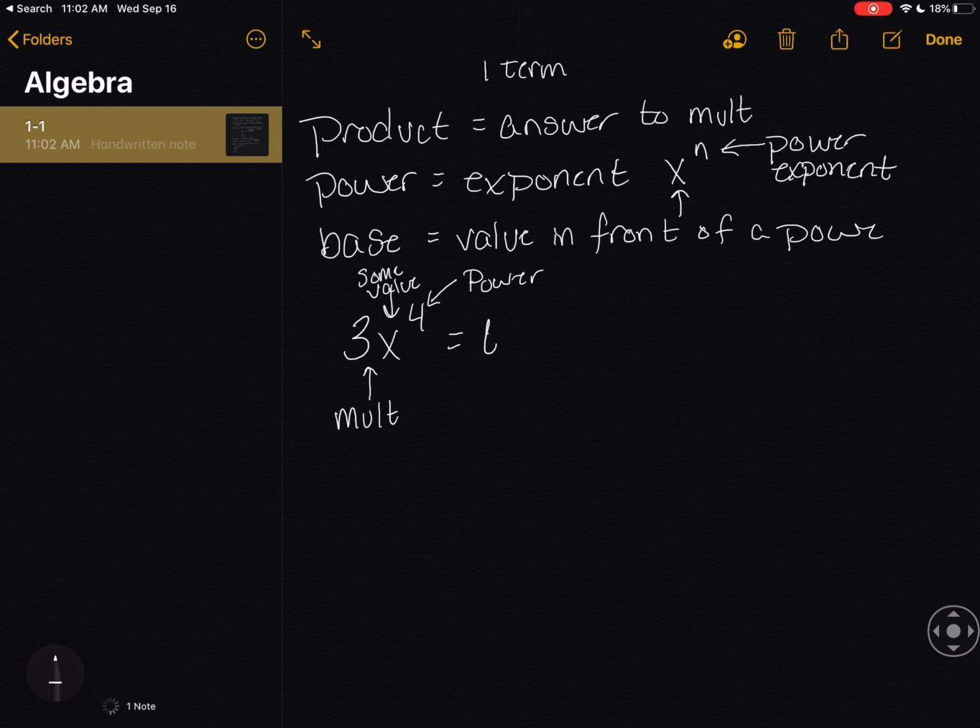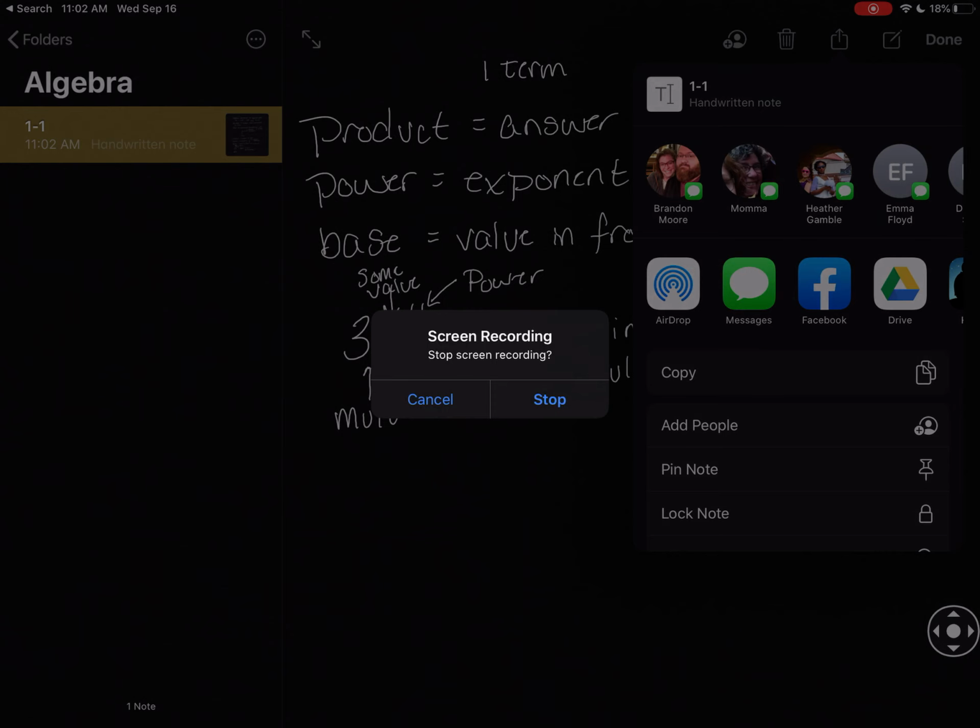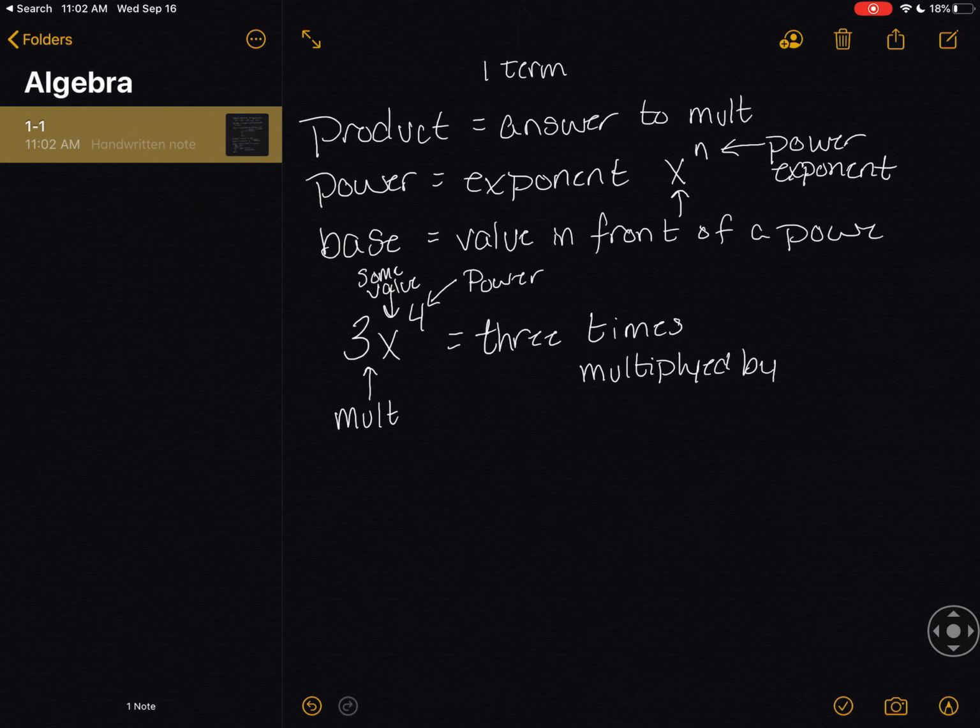So I have 3 times or multiplied by a number, so these are interchangeable, to the, and I'm dropping down here, power of 4, and actually write out 4.